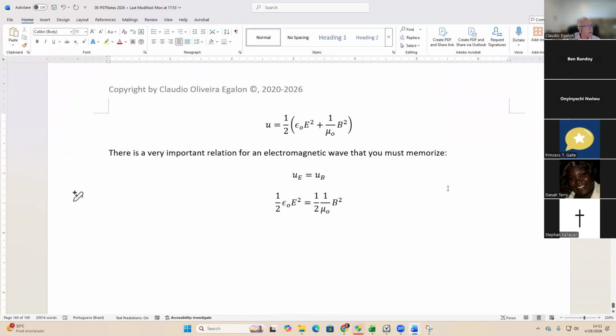The half factor cancels out, and we can have an expression between the electric and magnetic fields. If we solve for the electric field first, we get something like that.